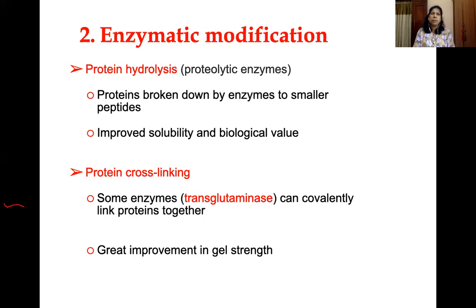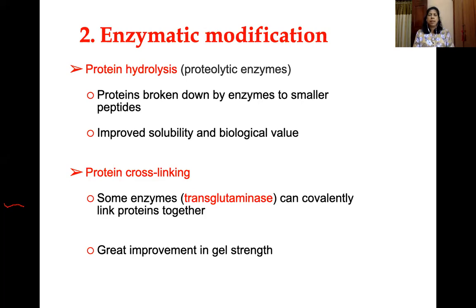In the case of sausage production, sometimes fish sausage production or surimi production, we prepare a product having very good texture from fish proteins, the fish fibers. To make these fish fibers stick together, we use the transglutaminase enzyme.